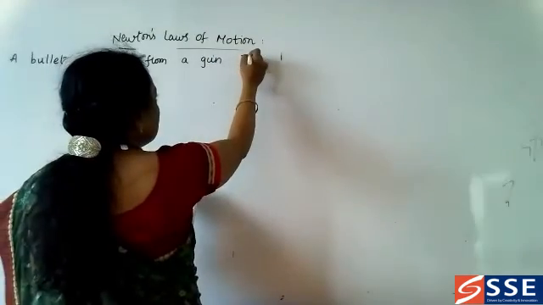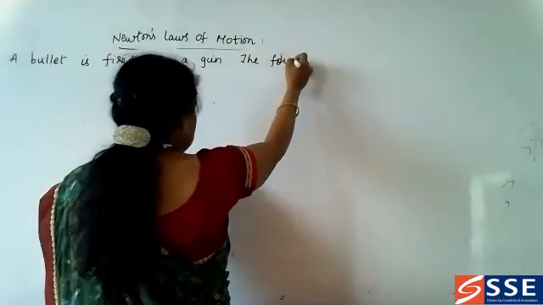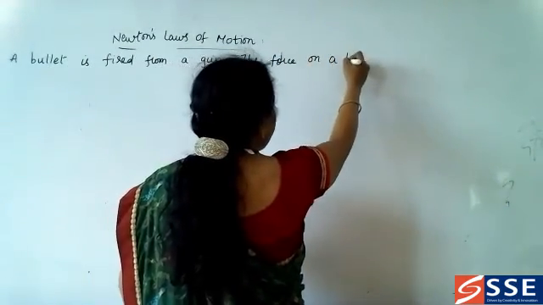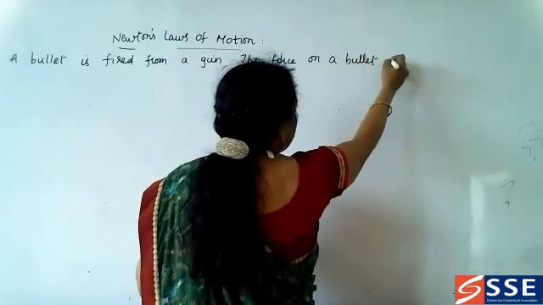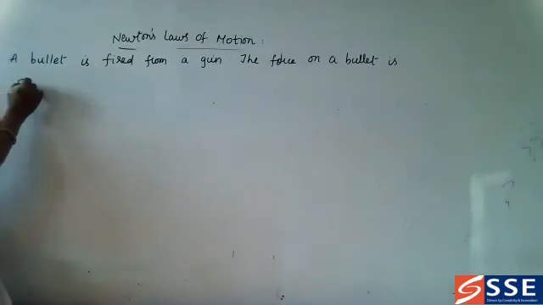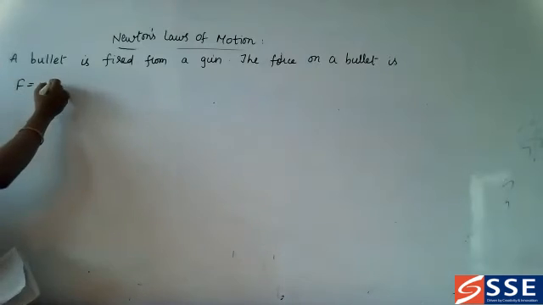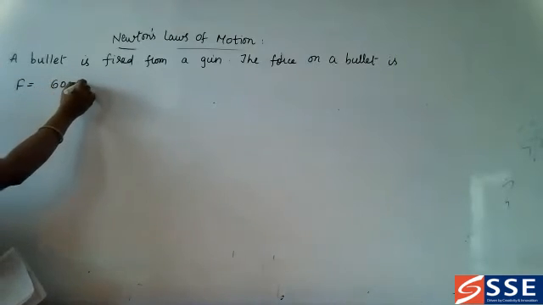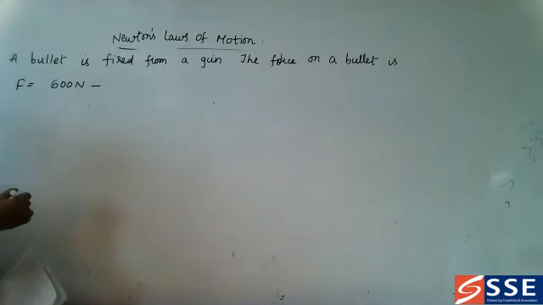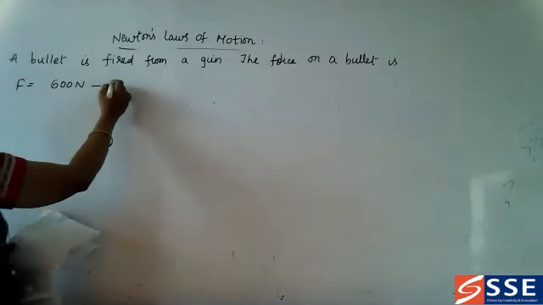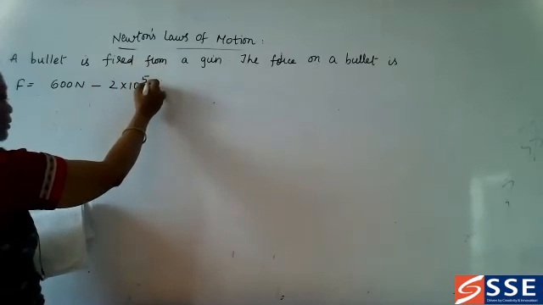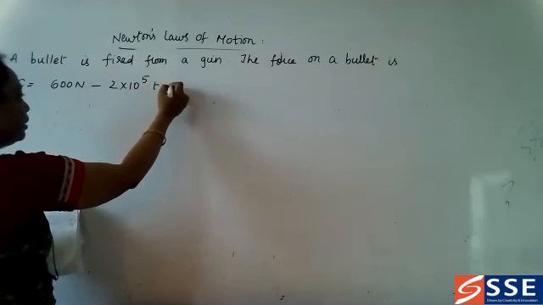Then the force on a bullet is F is equal to 600 Newton minus 2 into 10 power 5 T Newton.